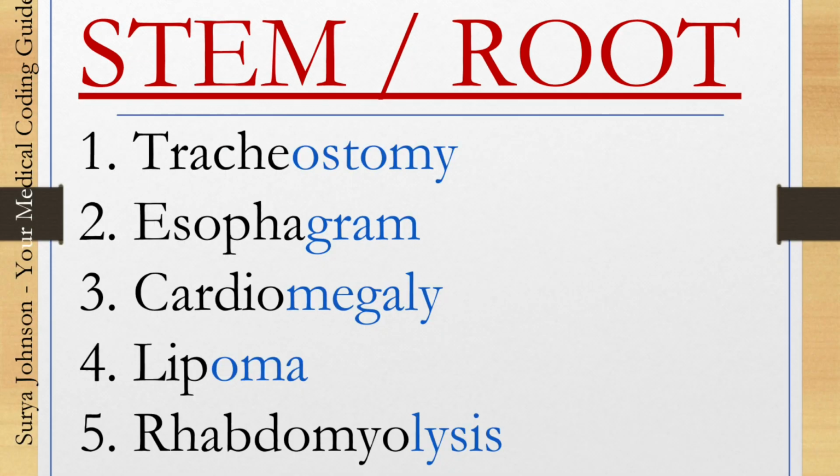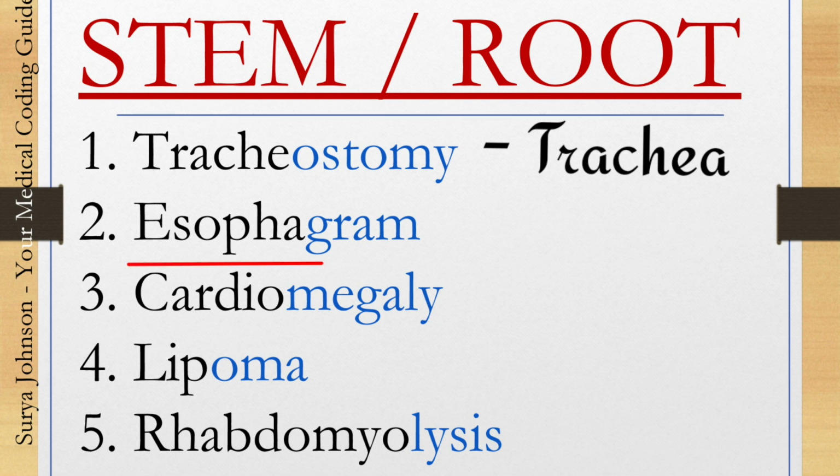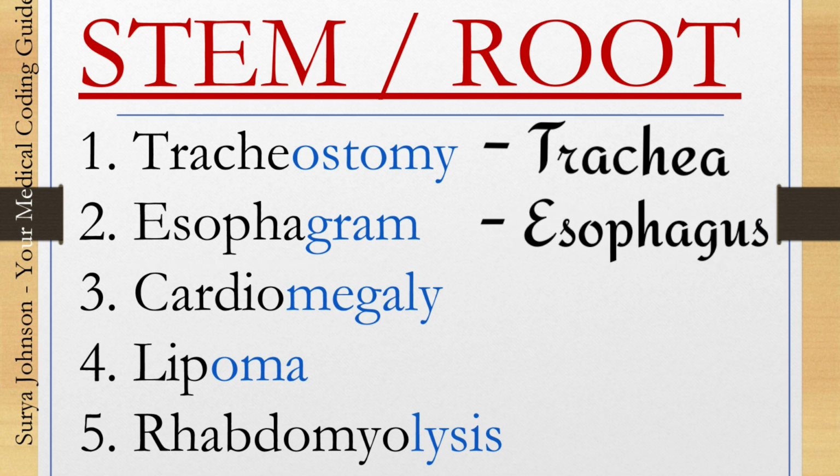The first one is tracheostomy. What does the root word tracheo in tracheostomy mean? You're right. The second one, what does the stem esophago in the word esophagram mean? You're right.